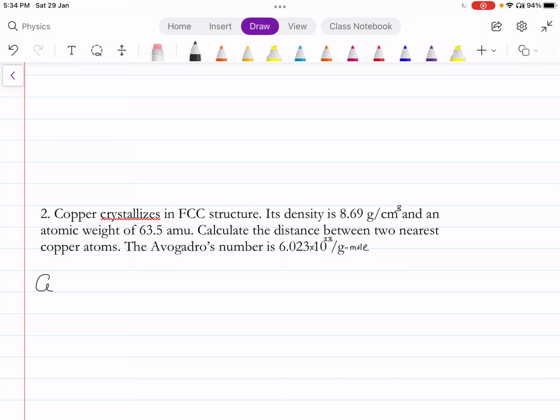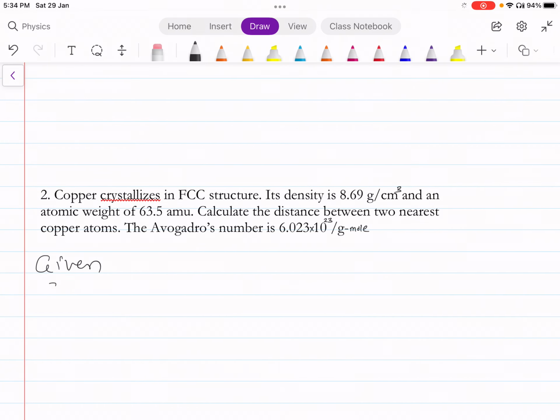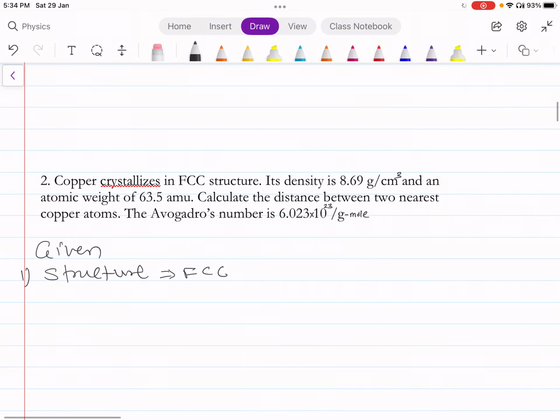In this case, the structure is given first, which is FCC. When the structure is FCC, it means that the effective atoms per unit cell, small n, is 4.